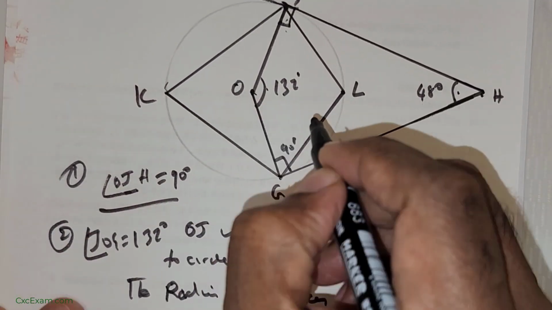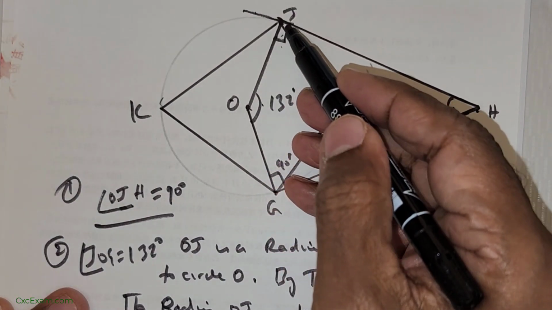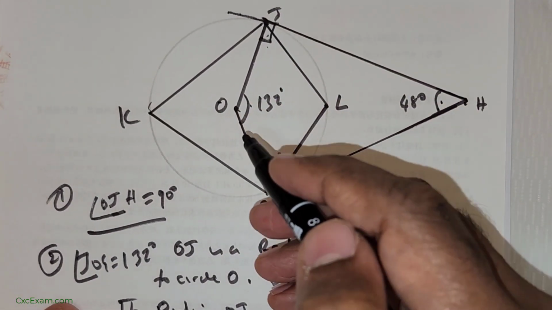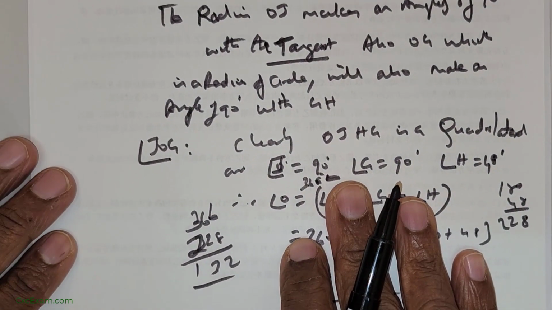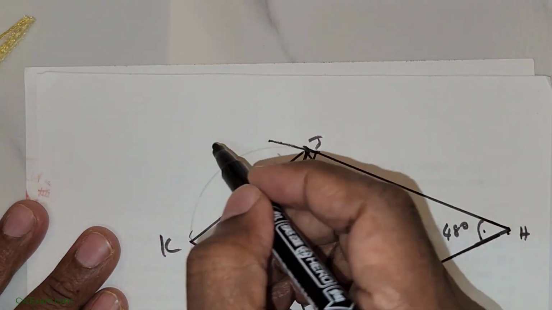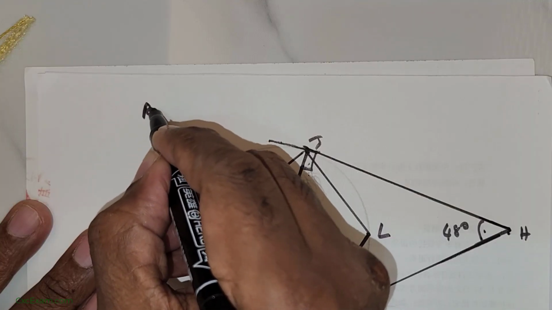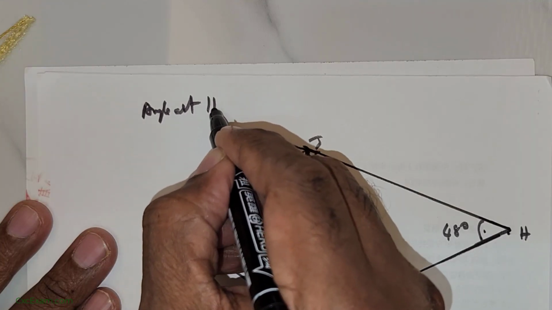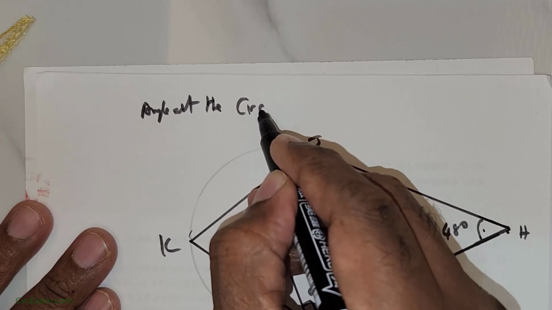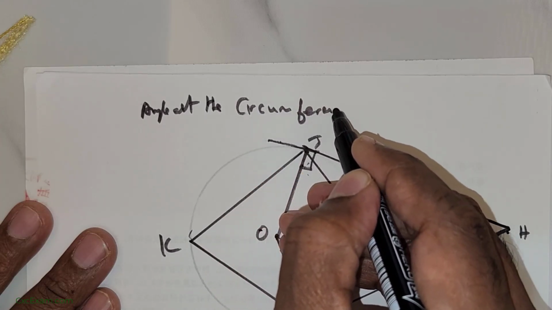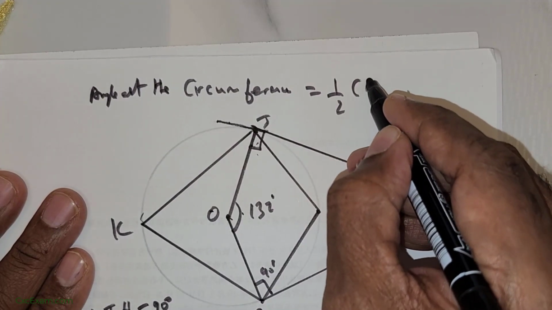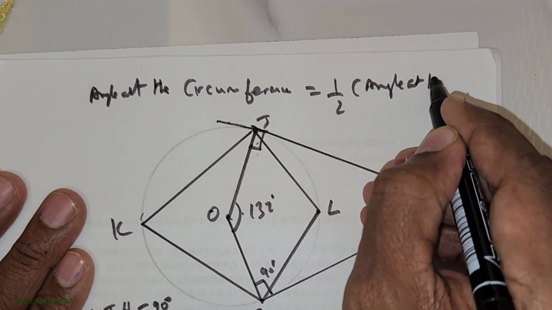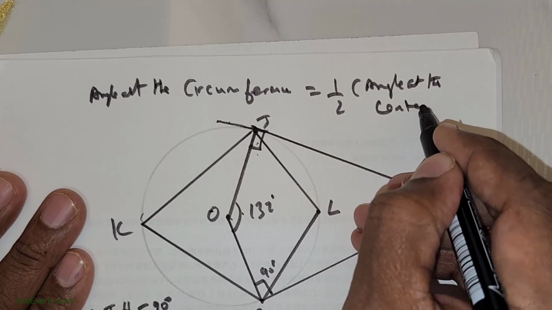Now this point is K. Now the next question wants us to find JKG. Okay, so we are going to use this theorem: the angle at the circumference equals half the angle at the center.